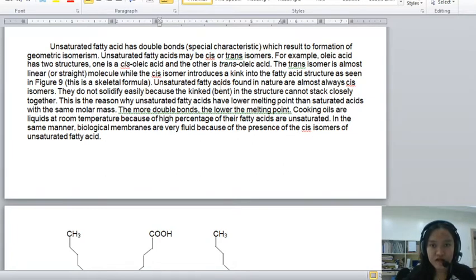So, unsaturated fatty acids found in nature are almost always cis isomers. Okay? Yung organic unsaturated fatty acids natin, they will most likely be coming from the cis isomers. Okay? So, meron silang mga kink.